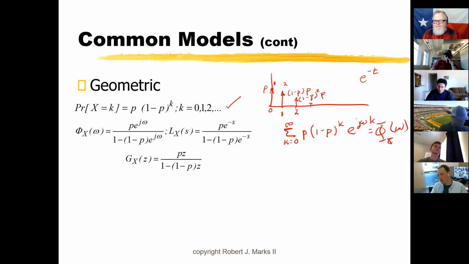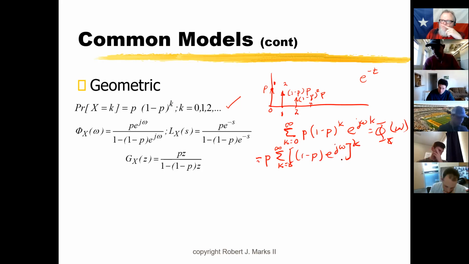Is that okay? So we are left with P times the summation of k equals 0 to infinity of (1 minus P) e to the j omega, raised to the kth power. This is the second formula I think that everybody interested in engineering mathematics should have memorized, and it's something we took a little bit of time to derive.